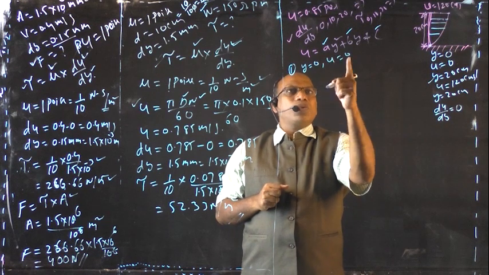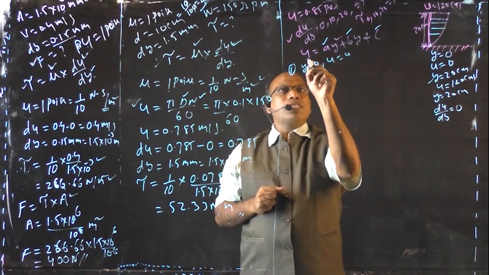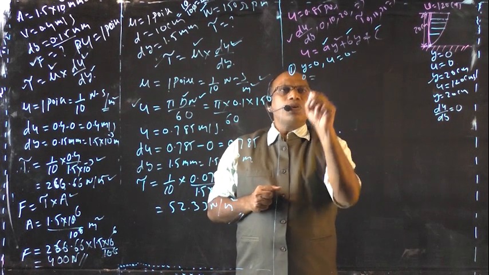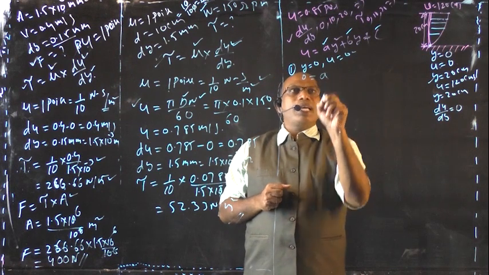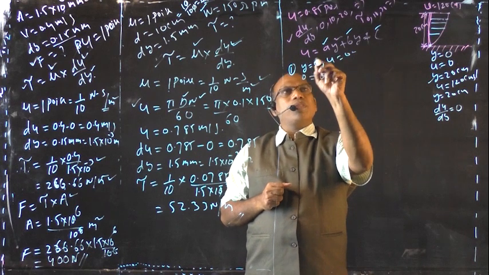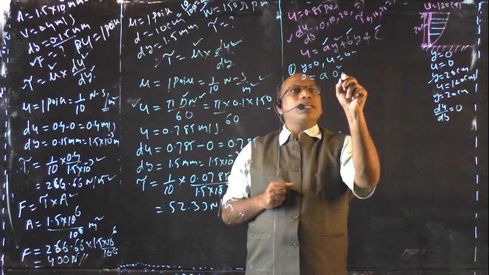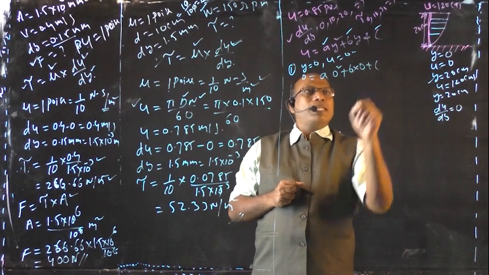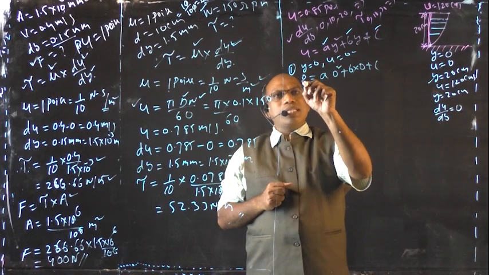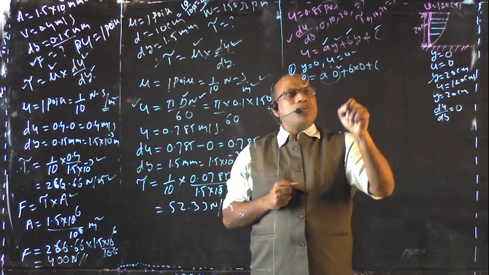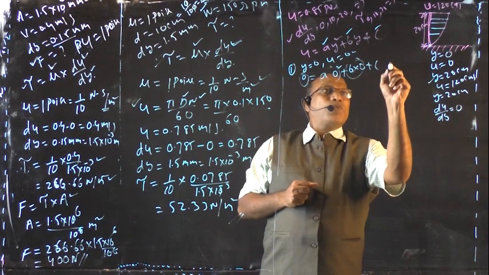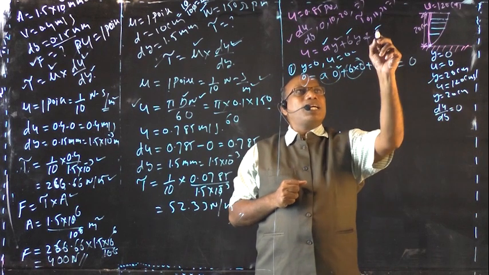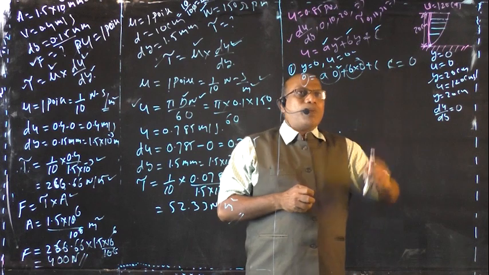In place of u we take 0: 0 is equal to a into 0 square plus b into 0 plus c. Therefore c is equal to 0. Now we have already determined one constant, c is equal to 0.